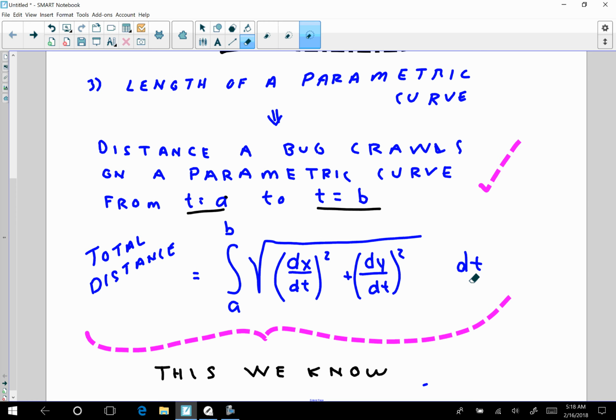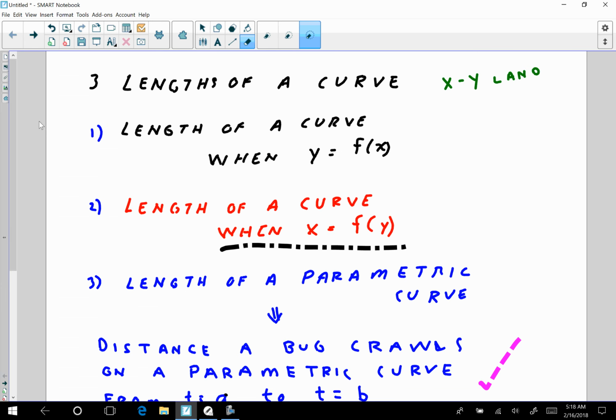This we've already known. So let's develop a formula that's going to give us the length of a curve when y is equal to a function of x.